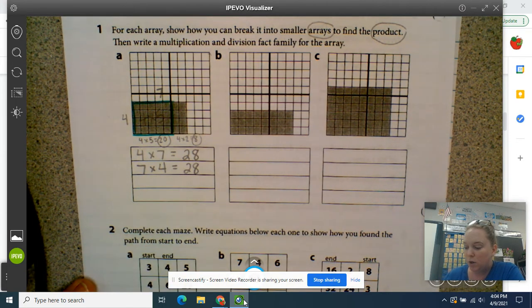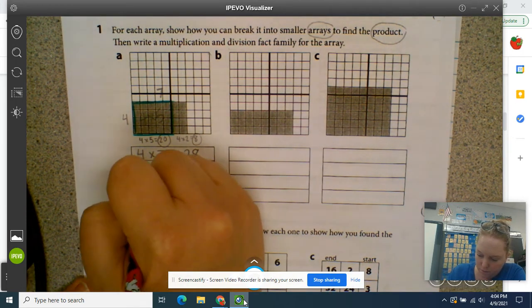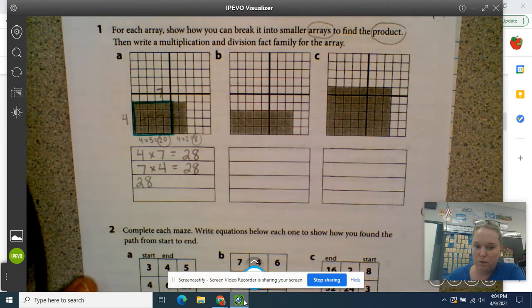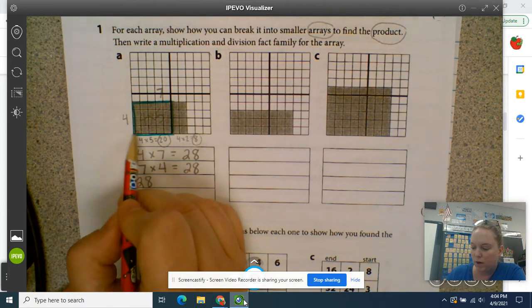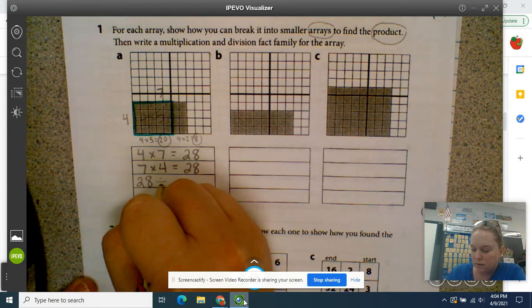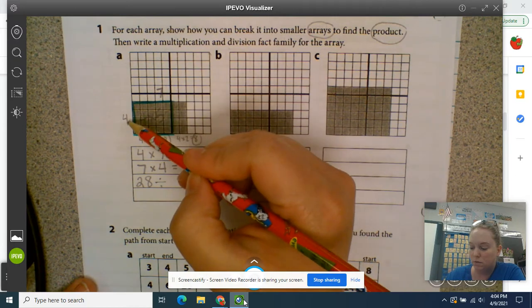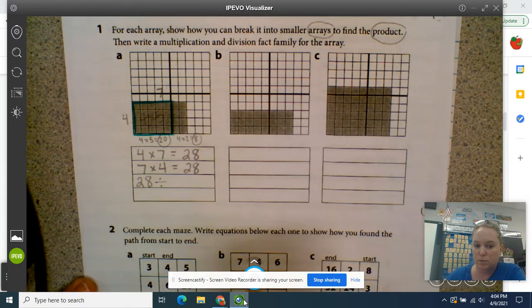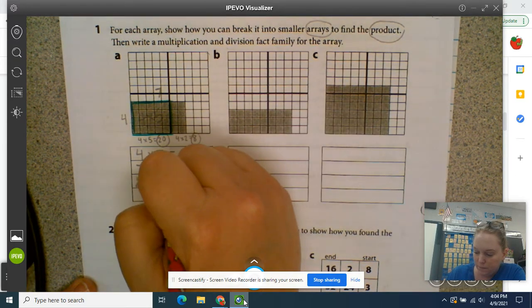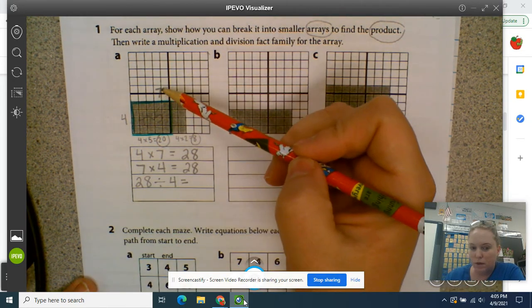For the division part, you're going to start with the product this time. And if you divide that by one of these numbers, by one of those multipliers, you end up with the other one.